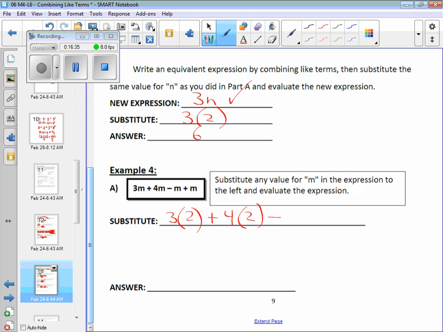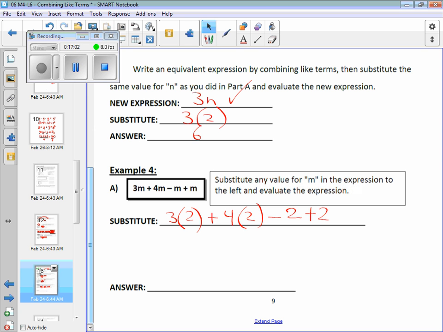Take a look and make sure you've written it this way. Now listen, we're up against the bell. I don't want to rush this because here we do have to incorporate PEMDAS with this. So we'll pick this up where we left off in period 3. Okay?